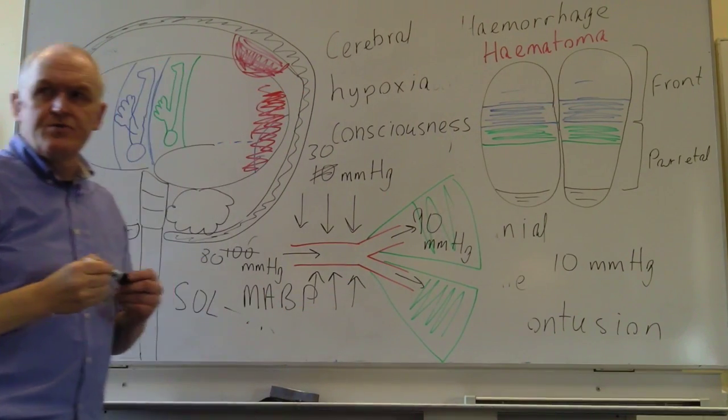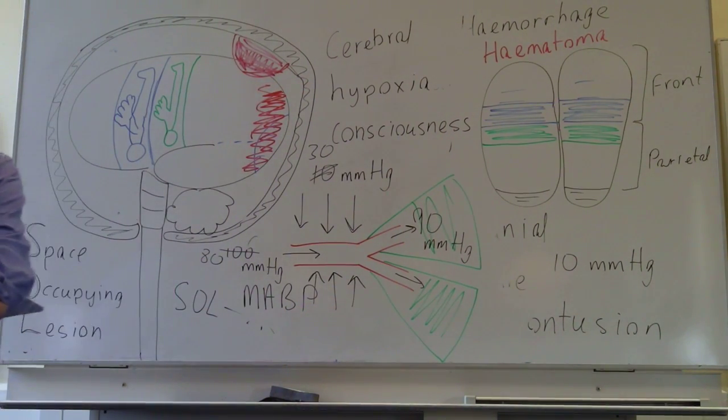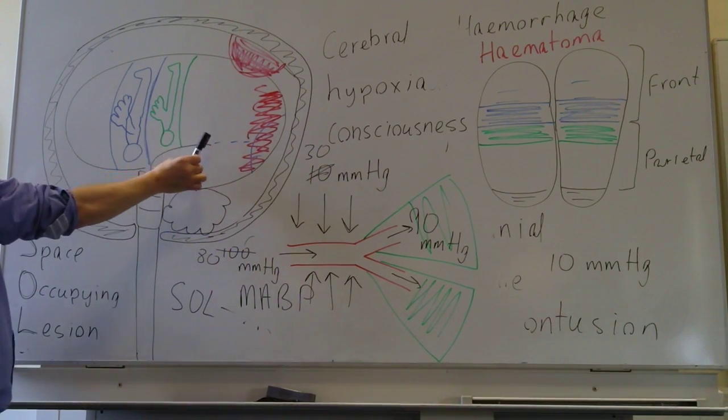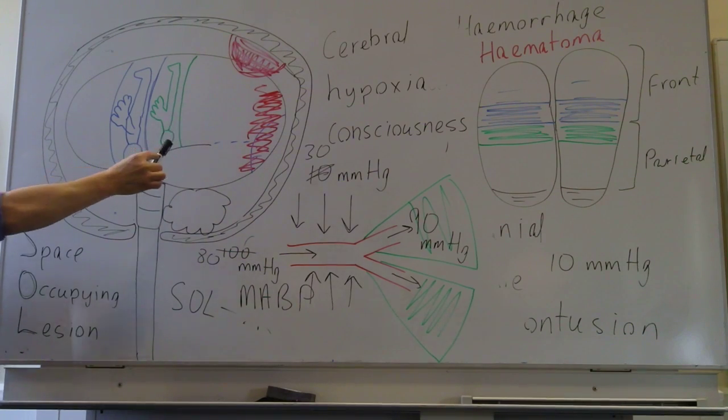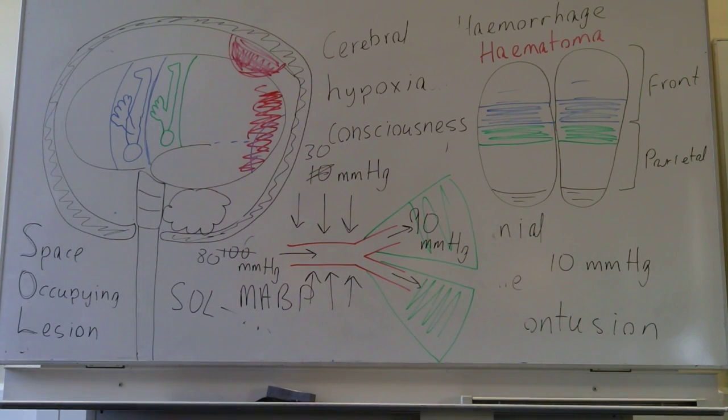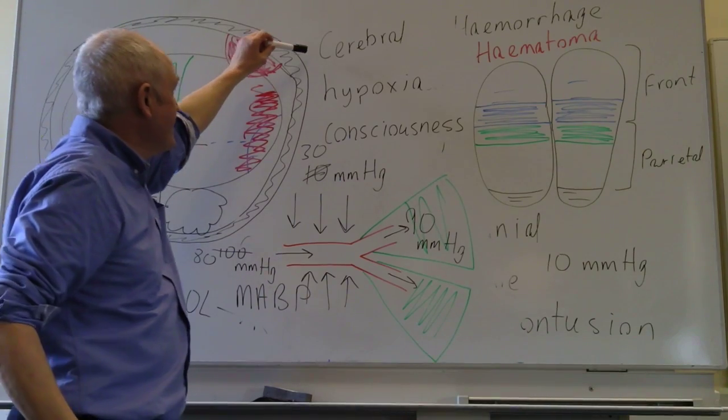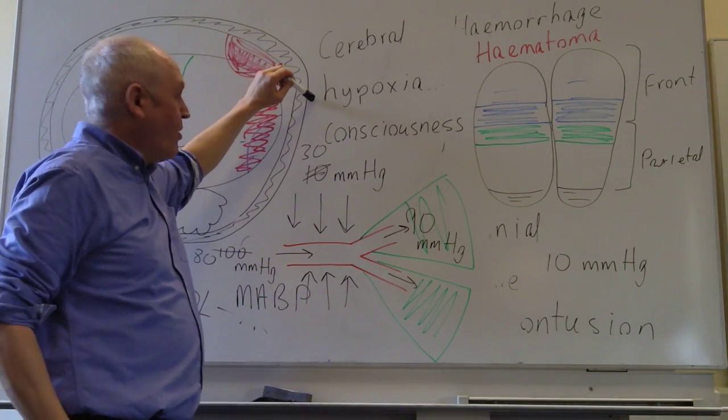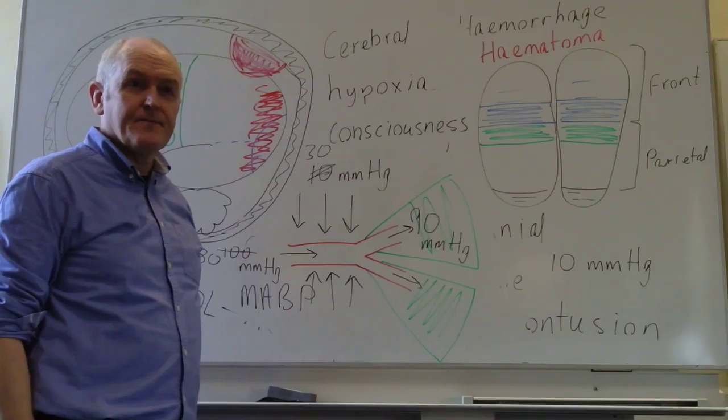Hypoxia means a reduced oxygen level in the tissues. Normally, what's the brain using all this oxygen for? Cerebral hypoxia. Cerebral means to do with the brain, the cerebrum. Hypoxia is lack of oxygen.